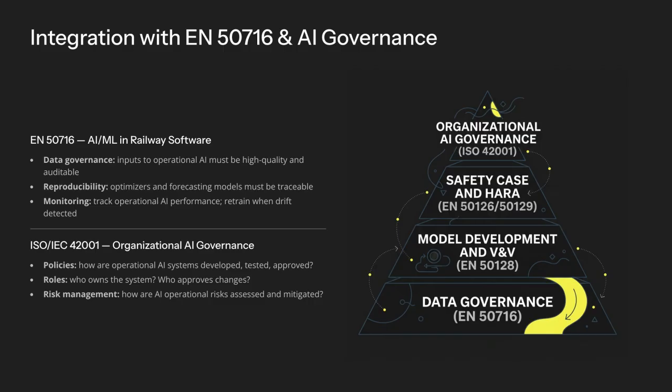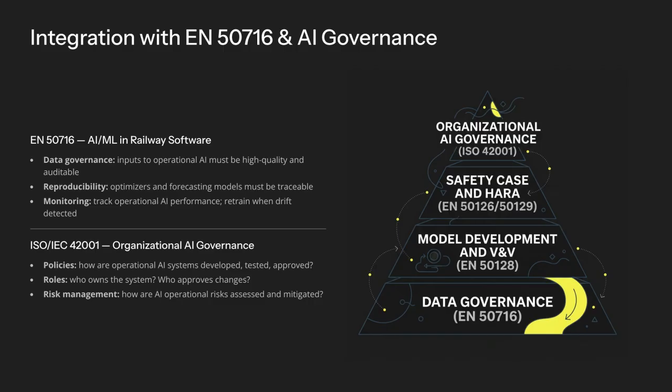Third, operational monitoring. Once deployed, the system needs to be watched, and the KPIs need to be meaningful. For timetable robustness and demand forecasting, how accurate are the predictions actually proving to be in service? For real time traffic management, are the recommended actions genuinely improving outcomes, or is the network performing similarly with or without the recommendations?